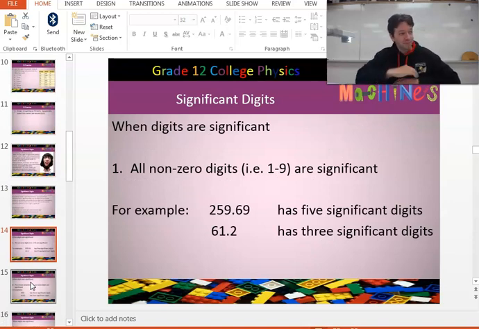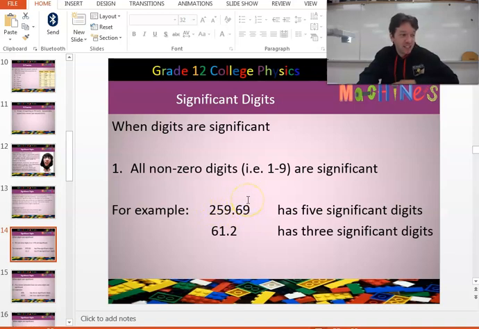Now, how do we use them? How do we count significant digits? Now, there are certain rules. One rule, the first rule, is all non-zero digits are significant, from 1 to 9. So in this example, we have 259.69. Well, you can count them all. 1, 2, 3, 4, 5.